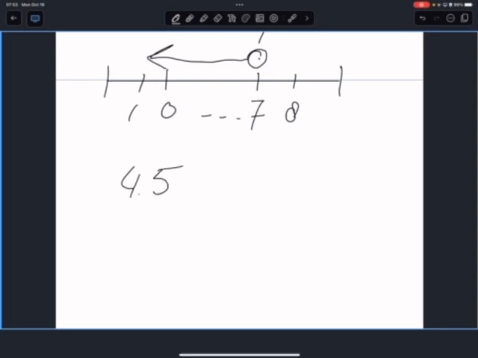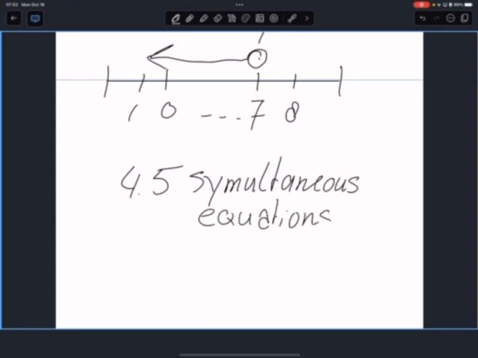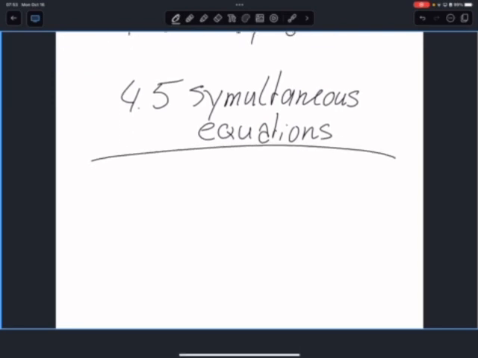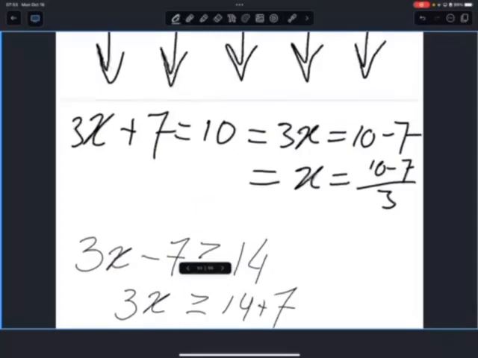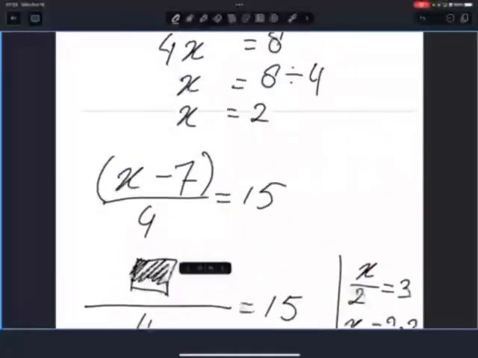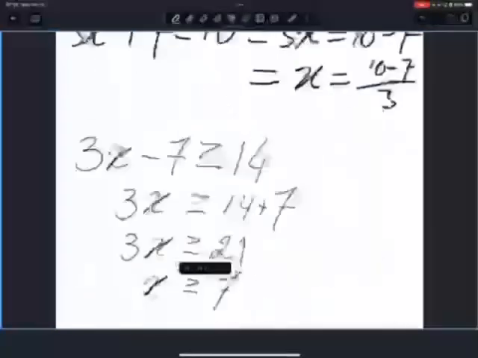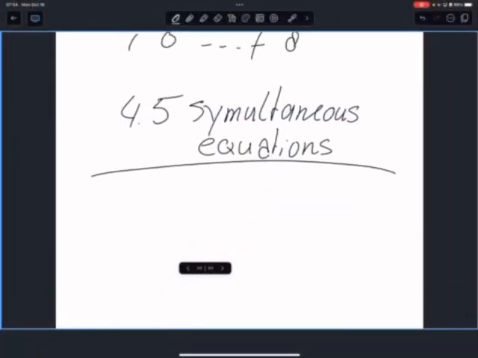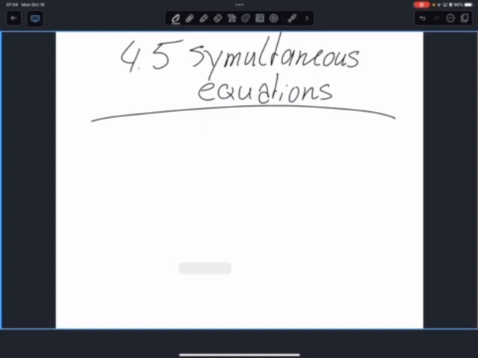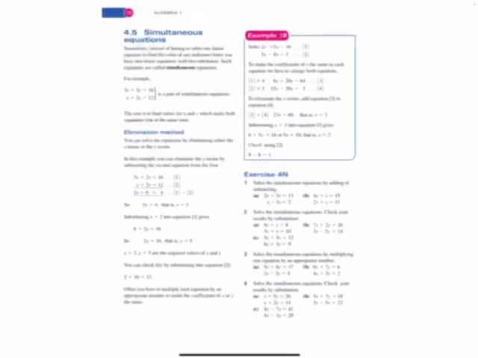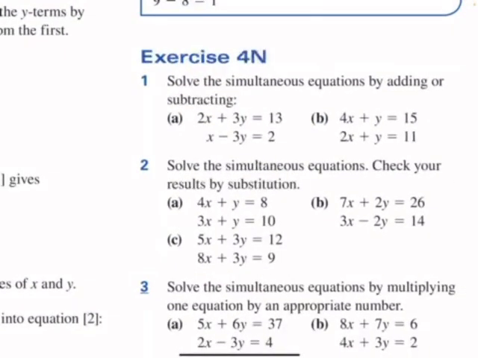The next chapter is simultaneous equations. What are simultaneous equations?